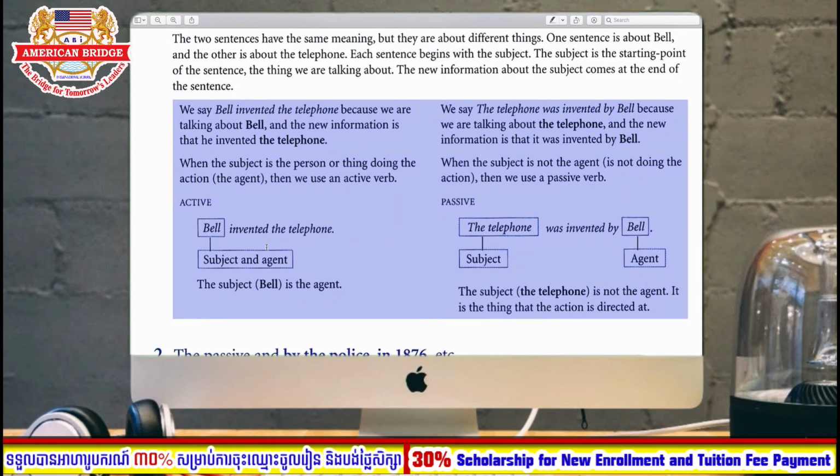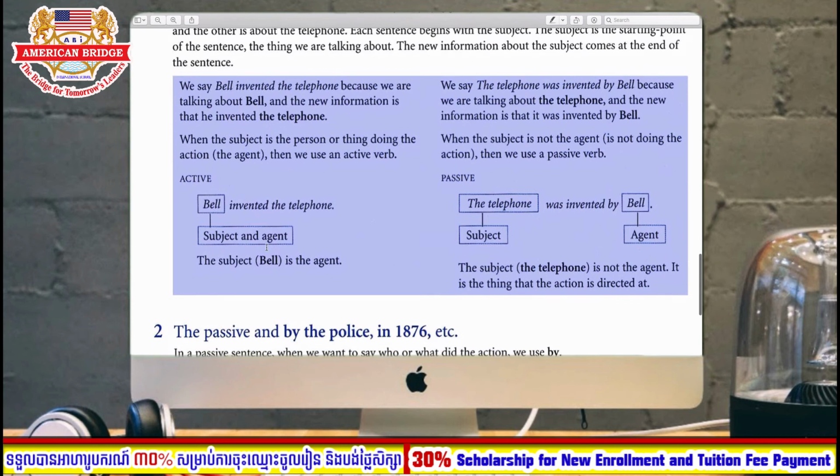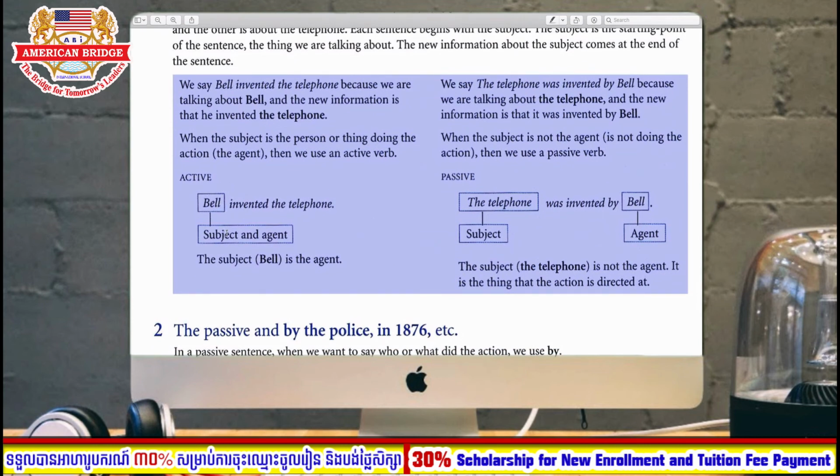So in this type of structure, we have a keyword, or terminology, that you should remember. In the sentence, we have the subject, and the agent, which means someone who performs the action. So in the active form, the subject and the agent are the same, only one person, right?